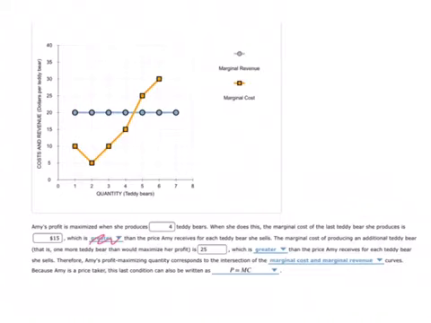If the extra cost of producing one more teddy bear exceeds the money that you received from selling that teddy bear, then your total profit goes down.